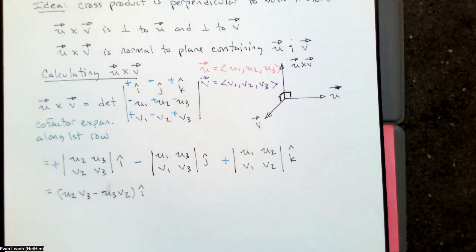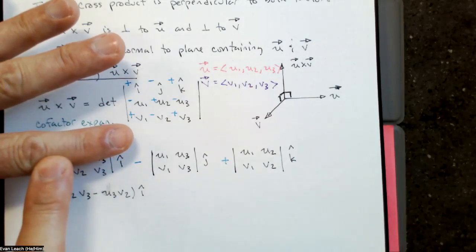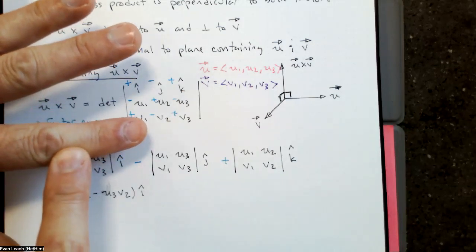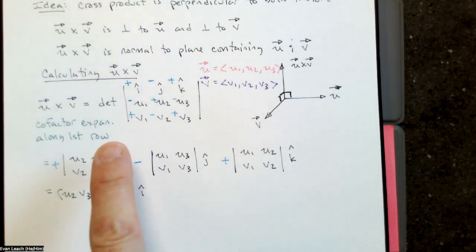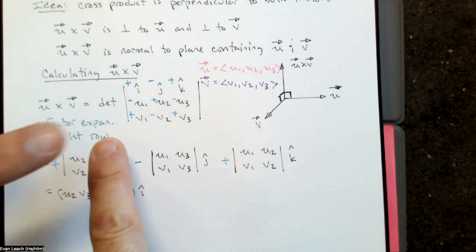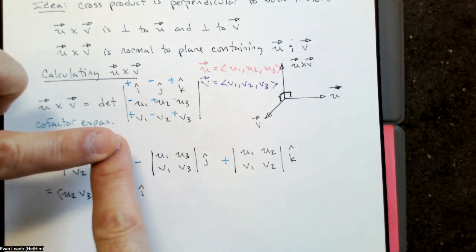This cofactor expansion is the same thing that we did in the previous one. I have this first row, first column U2, so I take out that row and that column, and I multiply U2 by the cofactor, which is V3. Then I go to the next row, U3, and I take out the column and the row containing U3, and the cofactor is V2.